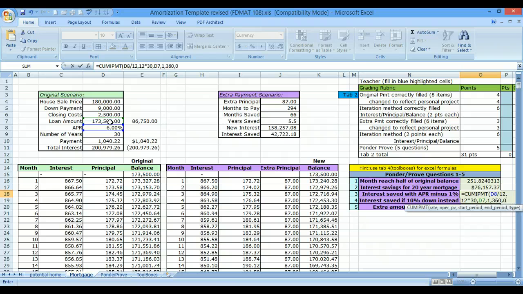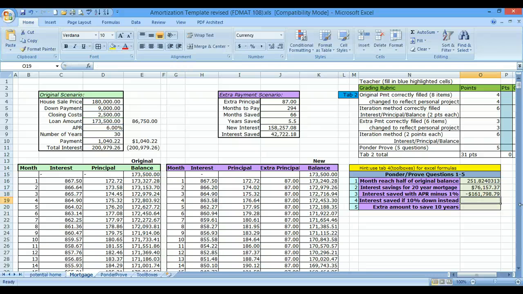The type is 0, and I just realized we forgot to subtract 1, the whole point of the problem. But I want to put this in parentheses so that the order of operations will subtract the 1 before it divides. So I'm going to put a parenthesis by my APR, subtract 0.01 because it's a percent, close the parenthesis, and of course that's all being divided by 12.